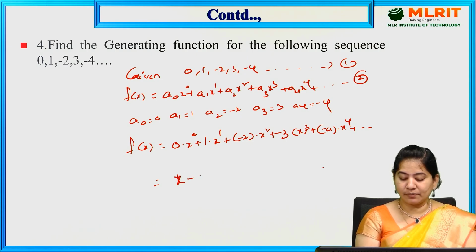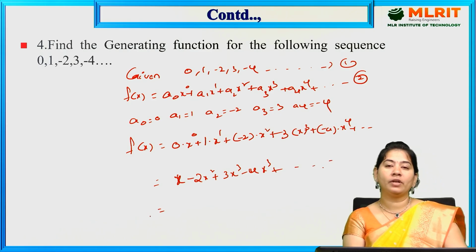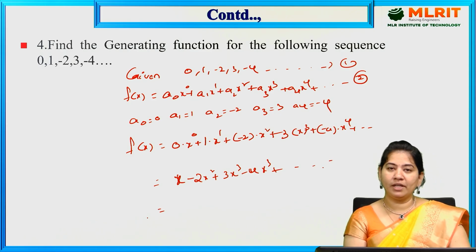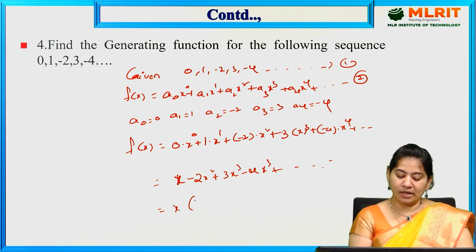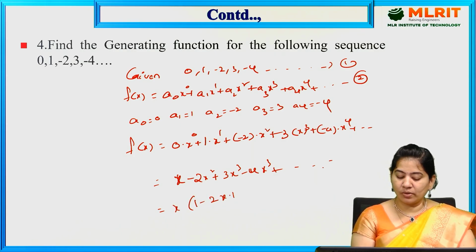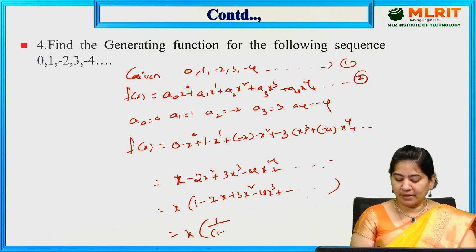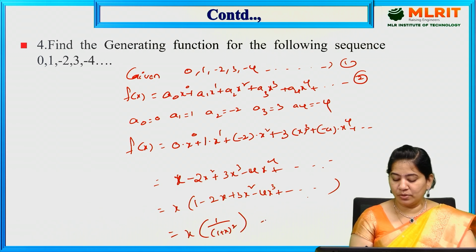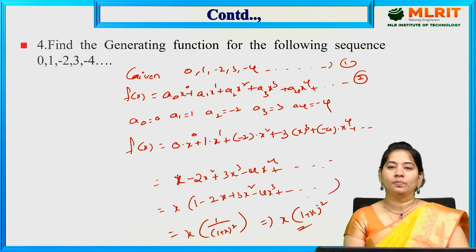So you can write directly x minus 2x^2 plus 3x^3 minus 4x^4, and so on. As usual, the formula does not start with x, it starts with 1 only. So take x common so that we get 1 as the starting point: 1 minus 2x plus 3x^2 minus 4x^3, and so on. So we get x into 1 by (1 plus x) whole power 2, which is nothing but x into (1 plus x) whole power minus 2.